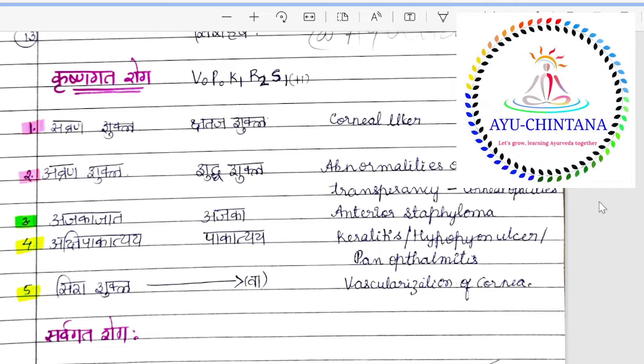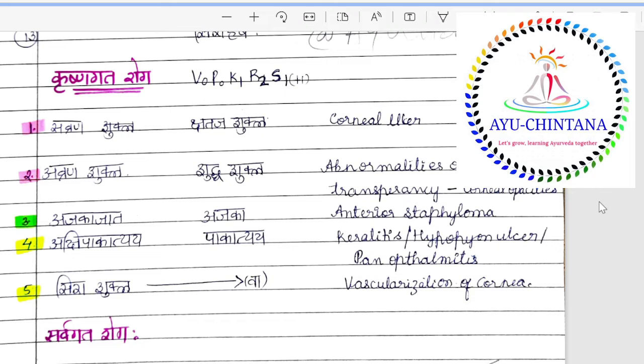Got it? So in Krishnagata Vyadhi, there are totally 4 according to Acharya Sushruta: Savrana Shukla, Avrana Shukla, Ajaka Jata and Akshipakatyaya. Savrana and Avrana both are Raktaja Vyadhi. Ajaka Jata is marked in green, so it is a Kaphaja Vyadhi. Akshipakatyaya is marked in yellow and it is Sannipataja Vyadhi.